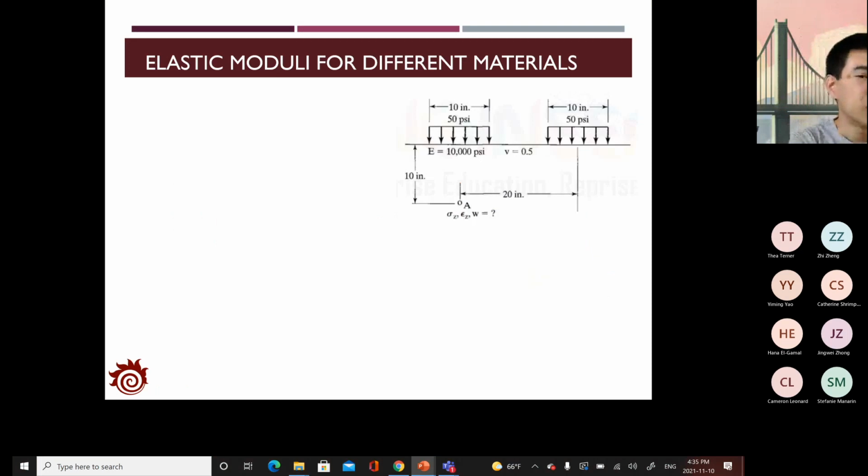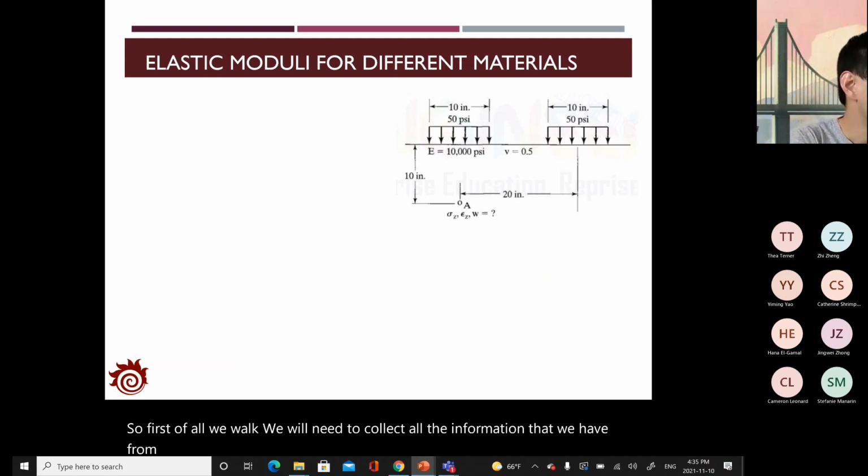So first of all, we will need to collect all the information that we have from the example.